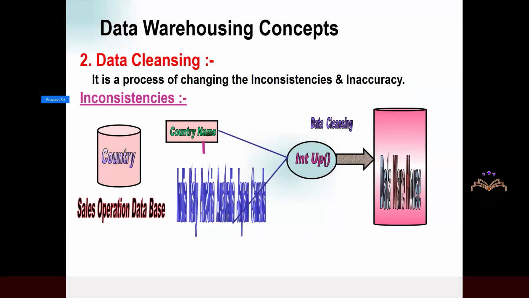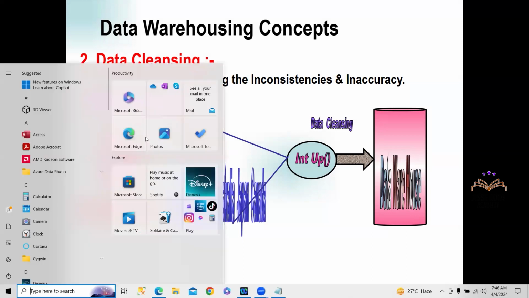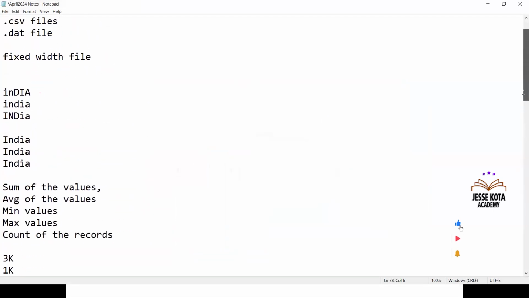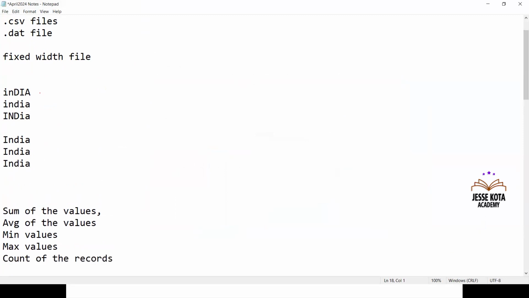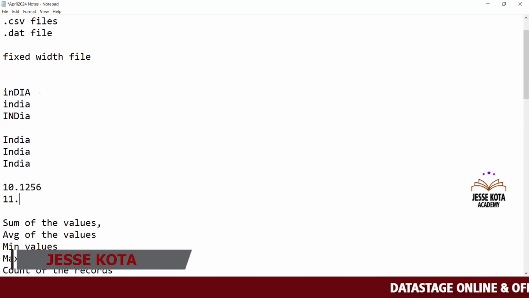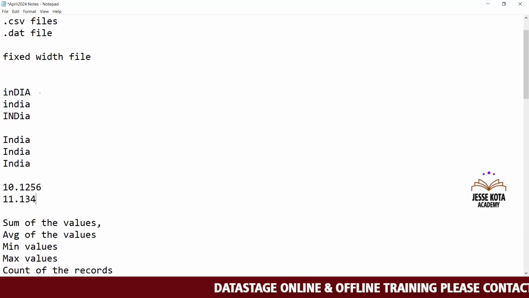Cleansing here, yesterday we have seen this example case study, like the decimal values. Here is an inconsistent format of the data, and also in this transaction input we are using data like 10.126, and here 11.134.1.